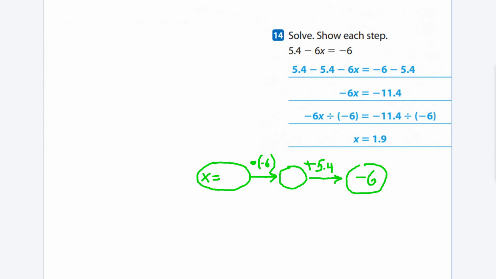And then backtrack to solve it. Choose a different color, so I'm going to subtract 5.4. And then I get negative 11.4. And then I'm going to divide by negative 6. Negative divided by negative is positive. 11.4 divided by 6 is 1.9. Again, if you're still confused or need more help, I would replay these videos, and then hopefully you'll understand it.